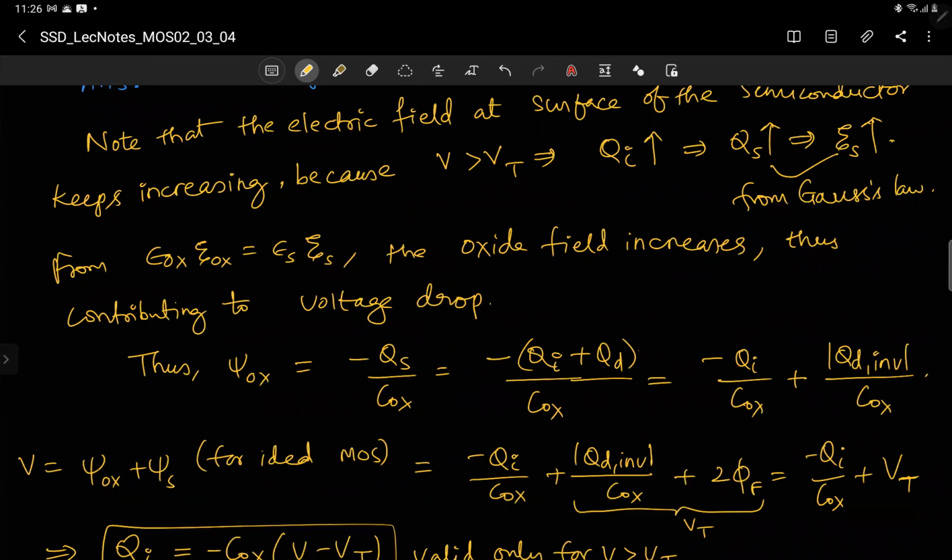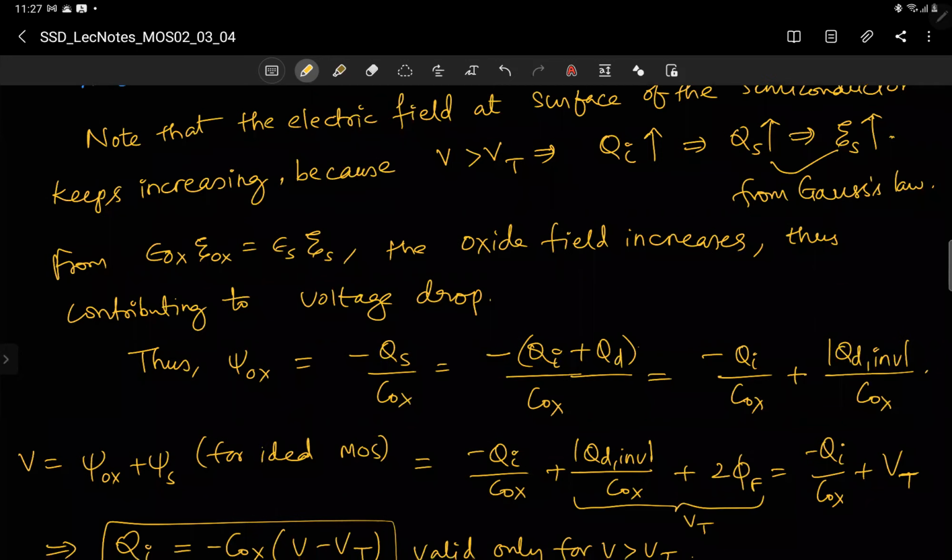We know the formula for oxide drop, that is minus QS by Cox. QS is QI plus QD, so you separate QI and QD. So minus QI by Cox plus QD, which is nothing but QD inversion, and minus QD I should write, but QD inversion is negative charge, so I write it as mod QD inversion.